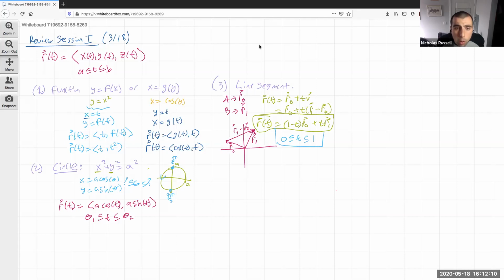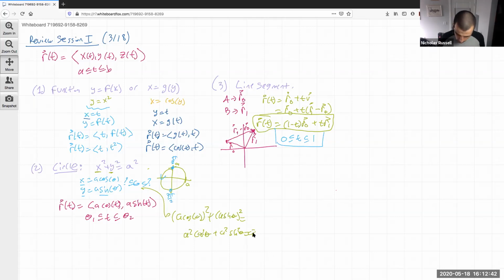Somebody asked, at least for the circle here, in this case I can let x be equal to a cosine theta and y be equal to a sine theta, because if you do this out, I'm going to get a cosine of theta squared plus a sine of theta squared, which is a squared times cosine squared of theta plus a squared sine squared of theta, and we get just a squared out of this, which is really nice.